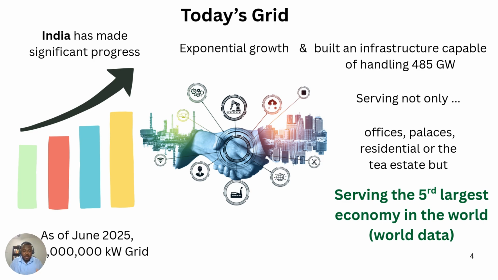And this 400 gigawatt is not serving how India started, providing electricity just for offices, the palace, and then the tea estate. Now, this 400 gigawatt huge infrastructure is serving the fifth largest economy in the world. Fifth largest according to the world data.